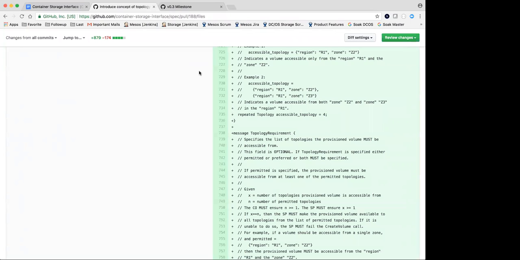I completely agree that everything the CO doesn't care about should be opaque. So the specifics of any particular key absolutely should be opaque. In this case, instead of having a list that contains both key and value inside each list item, I would prefer to break it out as a map of keys and values.